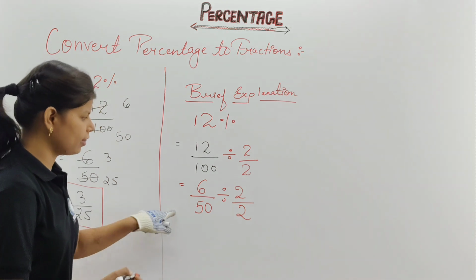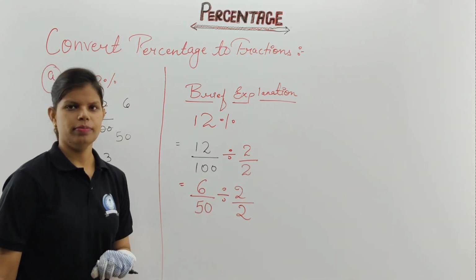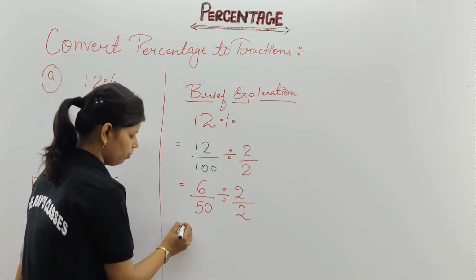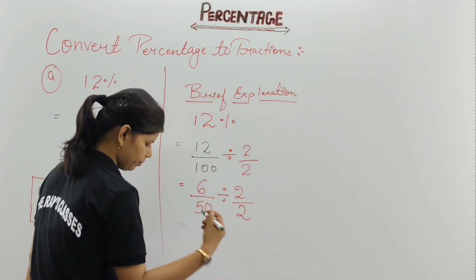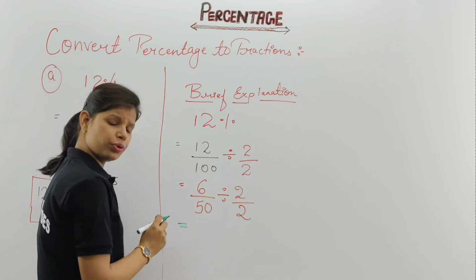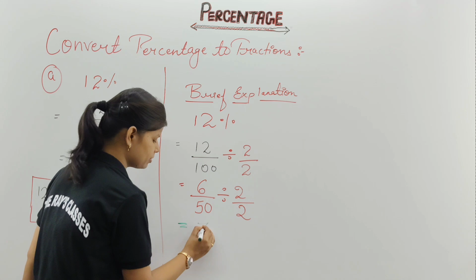Just allow me, I'll use another color marker so that you can understand properly. When we divide this one, in the table of 2 you get 6, how many times? Very good, 3 times.